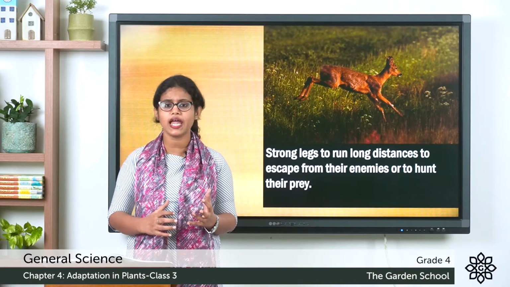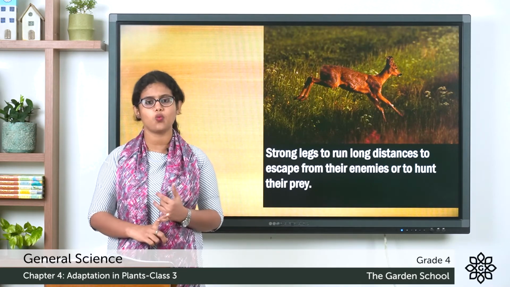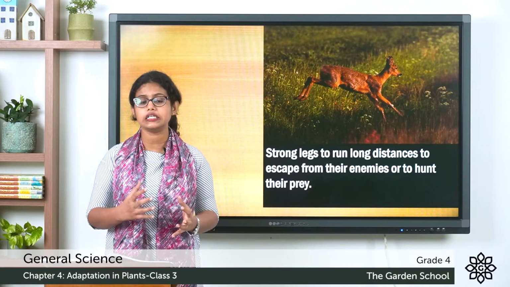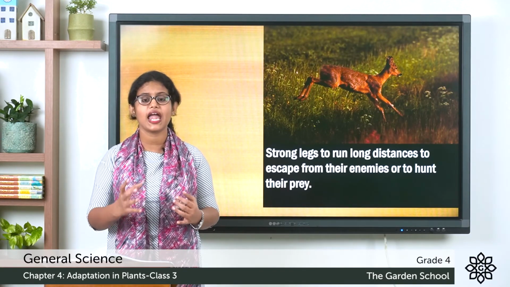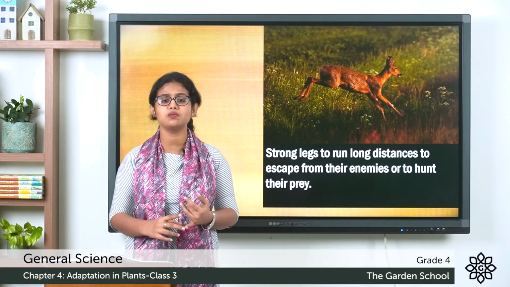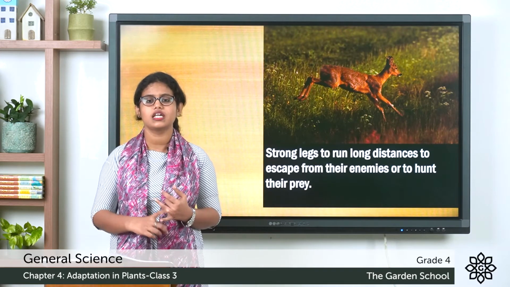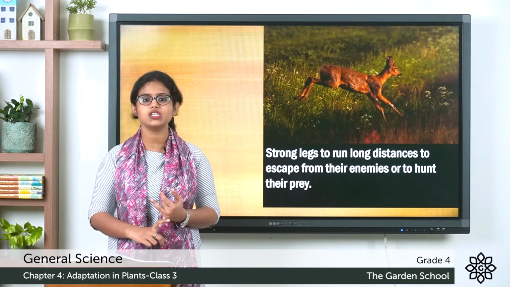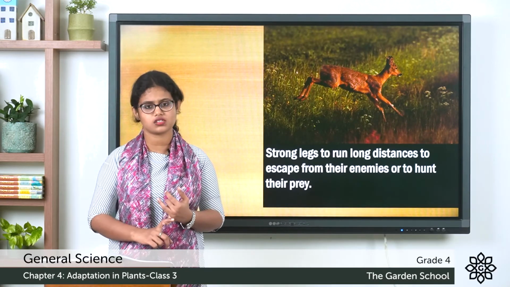They have strong legs and they can run faster in search of their food and water. Animals like deer which can run faster, that helps them to escape from their enemies. And what about animals like cheetah? Animals like cheetah which can run faster, that helps them to catch their prey.